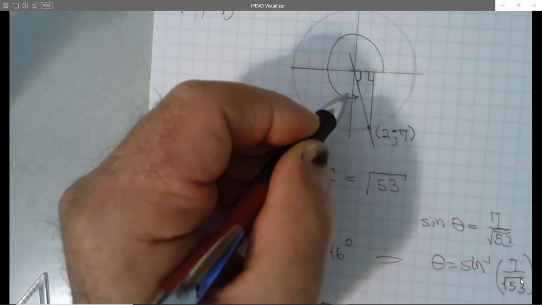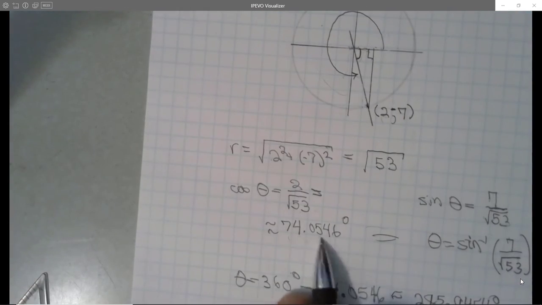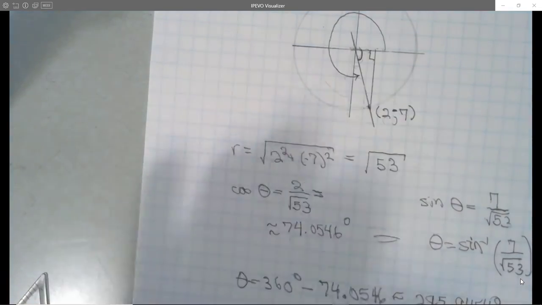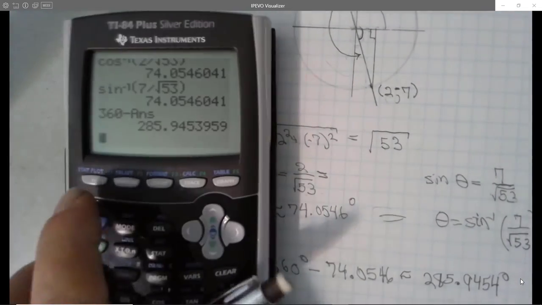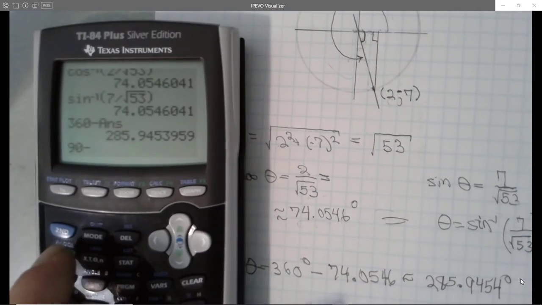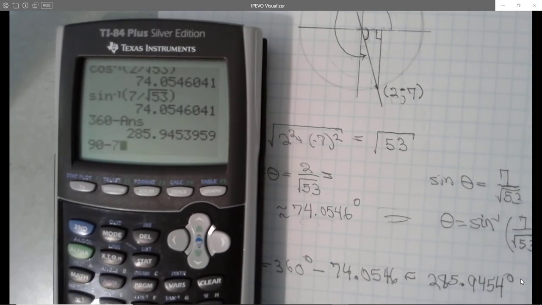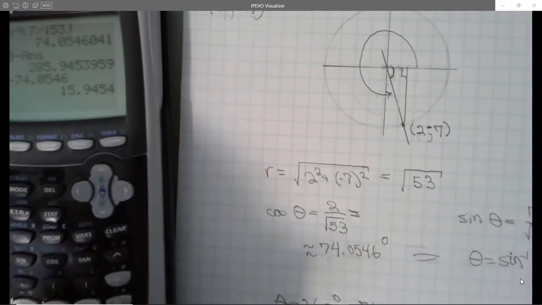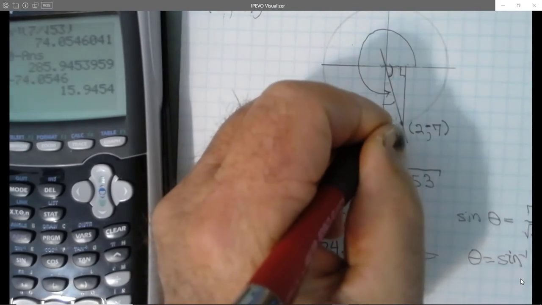Alternate way of doing that is we could have said, well, we know across here is 90 degrees. We've used up 74 and some change in here, so this angle could also be computed. 90 minus the 74.0546 gets us to about 15.9454 in here.